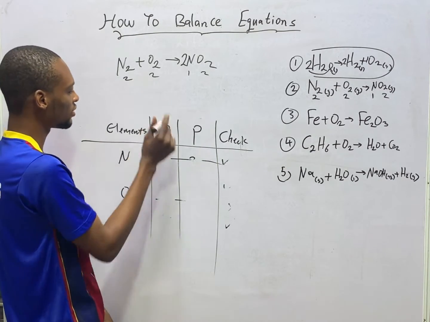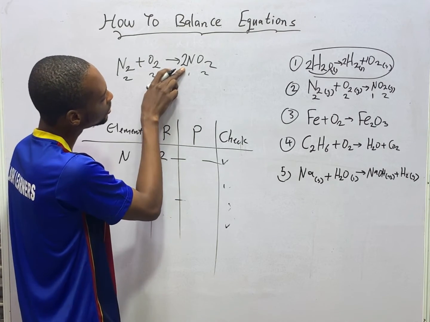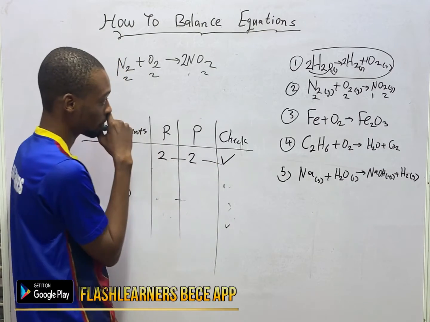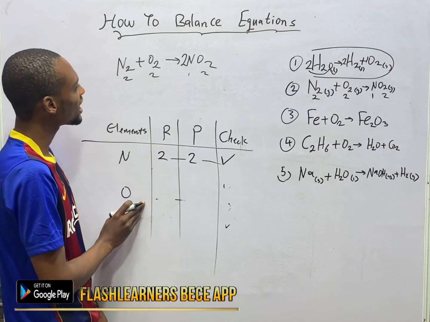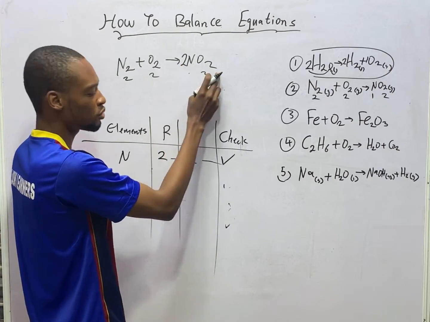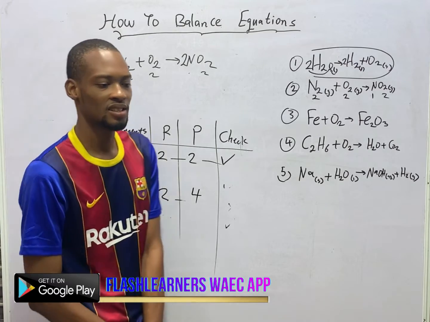Reacting side now, nitrogen is 2. Product side, nitrogen is how many? 2. So balanced. Oxygen in the reacting side, 2. Product, 2 times 2, 4. So oxygen is not balanced.